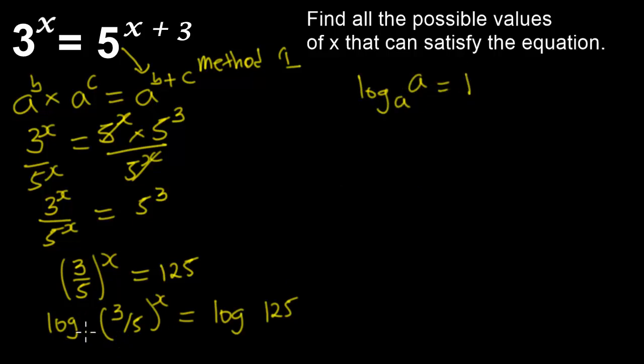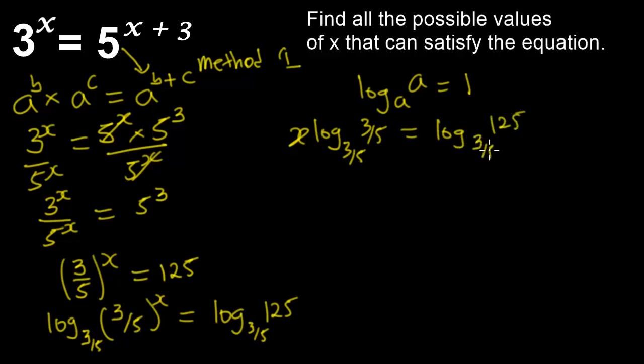So we are going to have log to the base of 3 over 5 and then log to the base of 3 over 5. From here, we have an exponent over here, and according to the laws of logarithm, we can bring the x or the exponent in front over here. So let's do that. We are going to have x times the log of 3 over 5 to the base of 3 over 5 is equal to log of 125 to the base of 3 over 5.